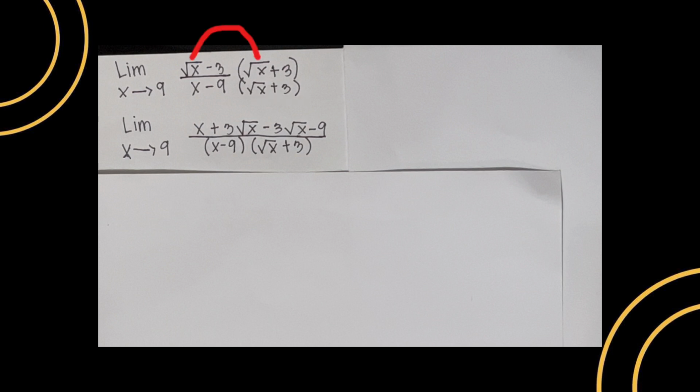The square root of x times the square root of x is the square root of x squared, which is simply x. Then we have the square root of x times 3, so that's going to be plus 3 square root x, and then these two will form negative 3 square root x.